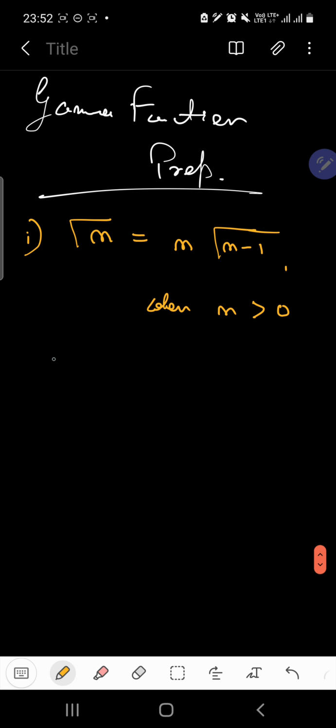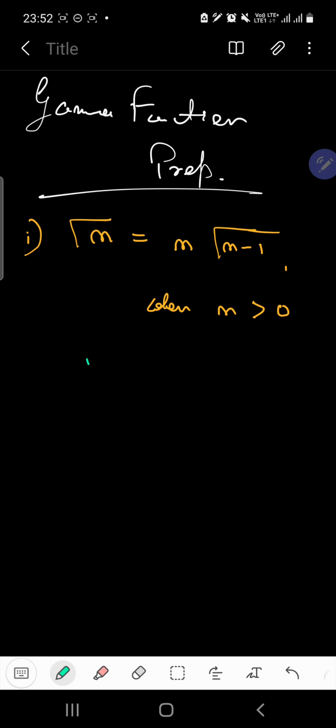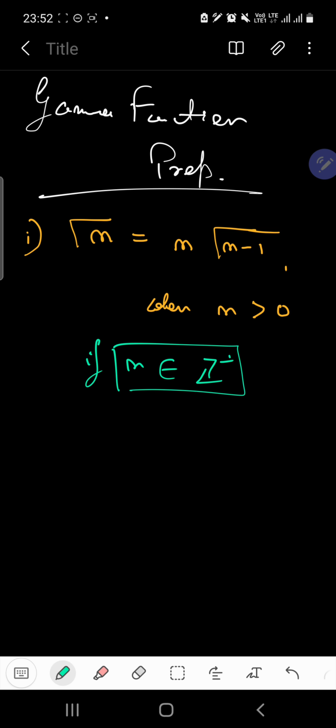From here it is pretty easy to understand that if n is an integer, surely it should be a positive integer.